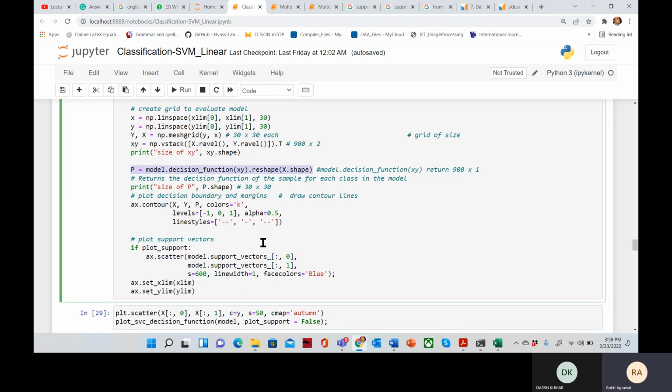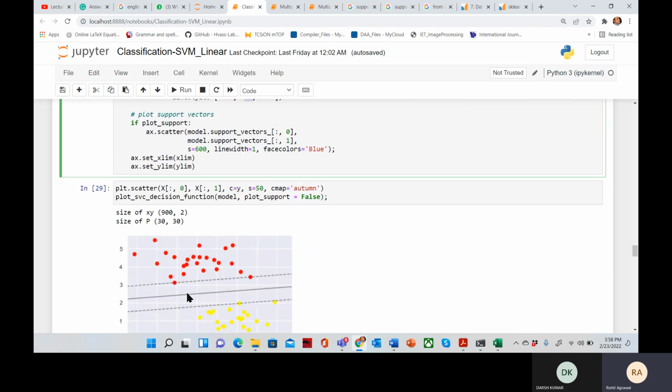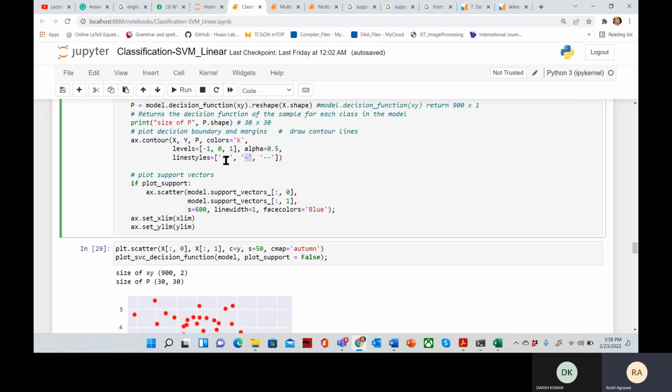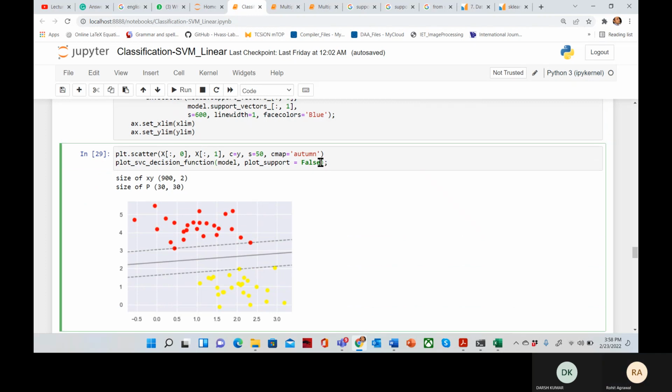In the second one you can see the middle one is dark, meaning a straight line. The first and last ones are dashed lines. So this one is clear? Yes, sir.